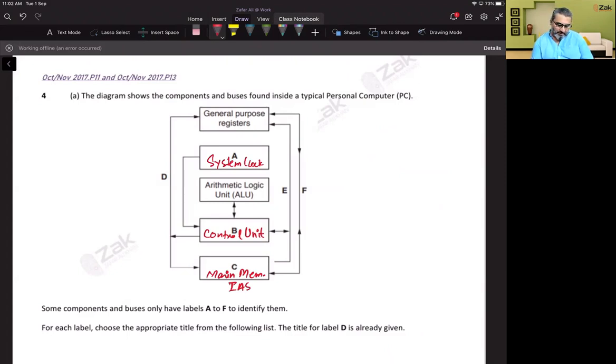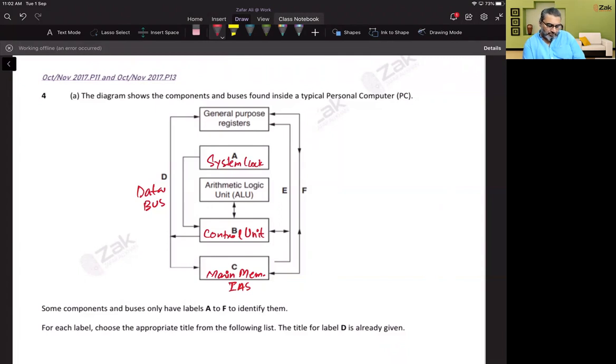Okay. All right. And then we have got E. E is coming from main memory to general purpose registers, and it is also in control of control unit, since it is one way, and it is actually not connected to main memory.